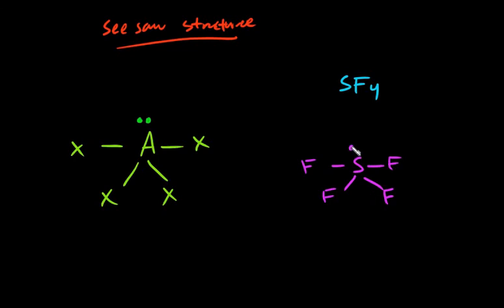And let's complete the structure: 3 lone pairs for every fluorine, and the last fluorine. So that is the seesaw structure.